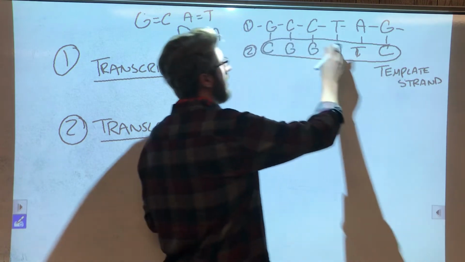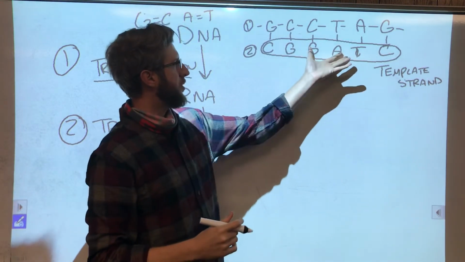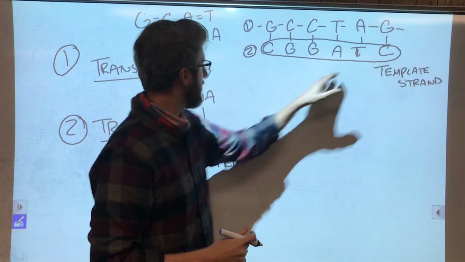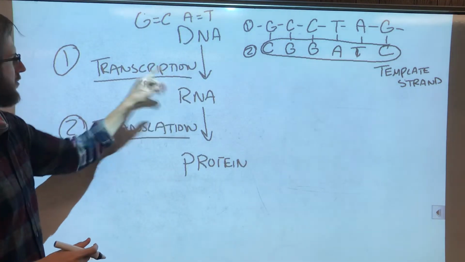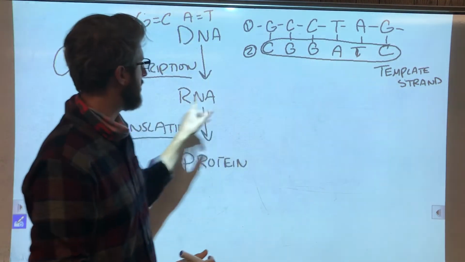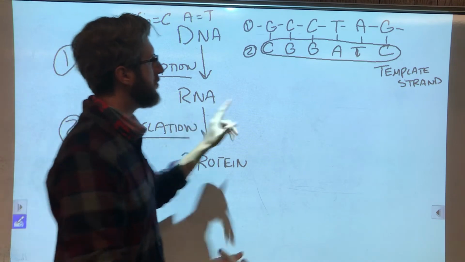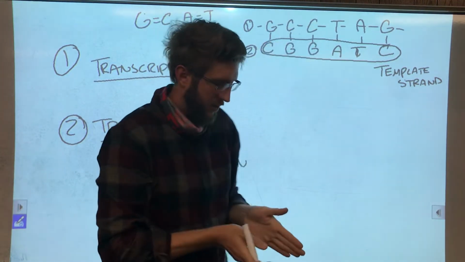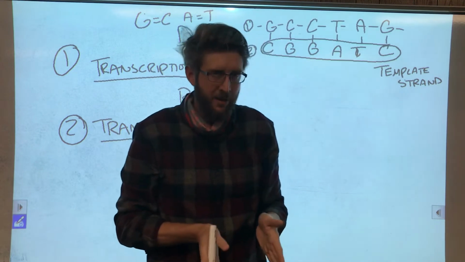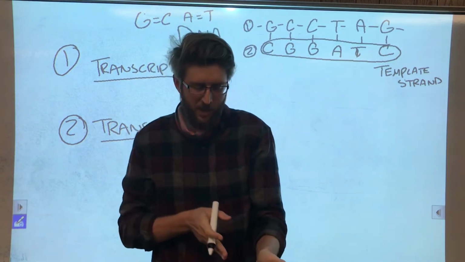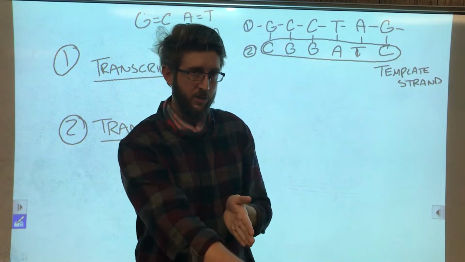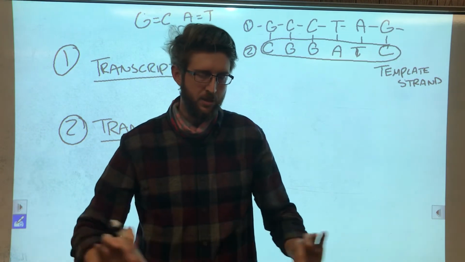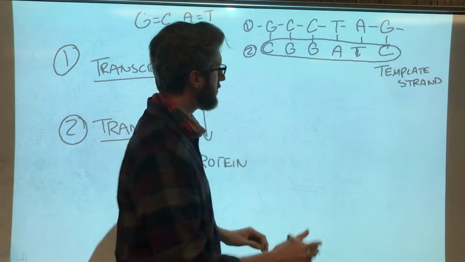So we're going to read this template strand and we're going to rewrite it, or transcribe it with transcription, into a strand of RNA. But before we can do that, these two strands, because they're connected like a ladder, we need to go right down the middle between the rungs of the ladder and separate the two sides of the ladder.